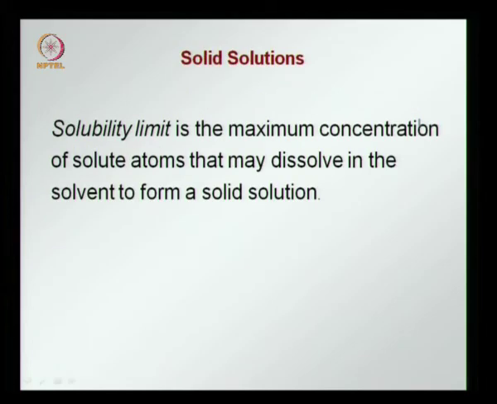So, even in solids we have a solubility limit, which is the maximum concentration of solute atoms that can dissolve in the solvent to form a solid solution. Beyond this solubility limit, we have a separate phase forming.